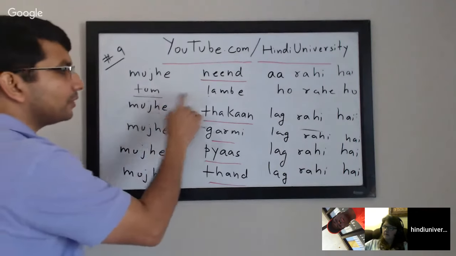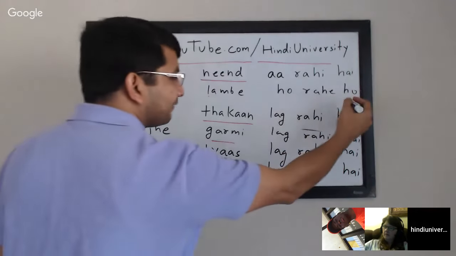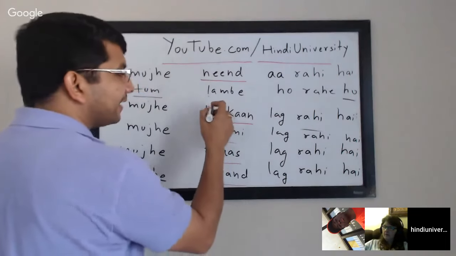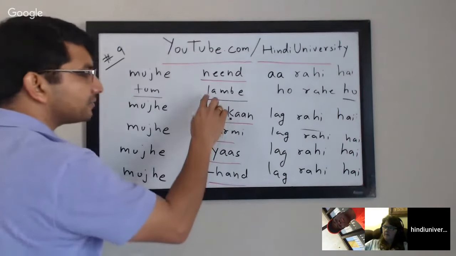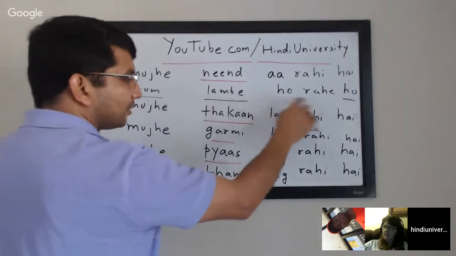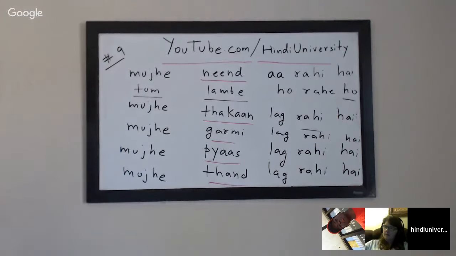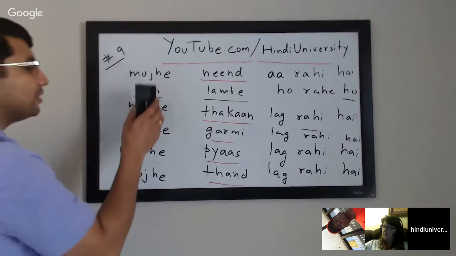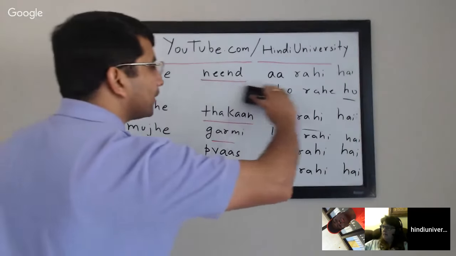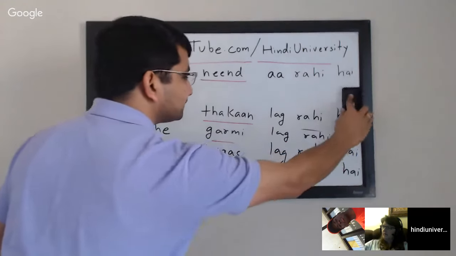You'll say tum lambe, because it's tum, you're ending it with ho. But the idea here is, this is your lamba, it's basically your height, and then you're trying to say hona becomes ho rahe ho. Okay. Let me give you other examples of ho raha, and that will give you a little bit more clarity. Okay, so let me erase it.